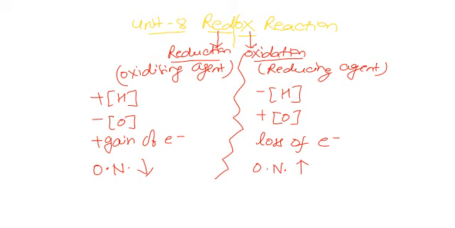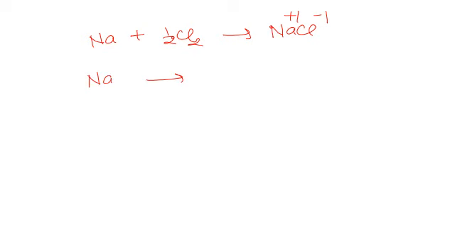We can see one example. If we take sodium plus chlorine, it gives NaCl. So which one is getting oxidized? Na converts into Na+ and Cl2 converts into Cl-. On the basis of loss and gain of electrons, we can divide the equation into two halves. Na gives Na+ by loss of an electron, which is oxidation, so it is the oxidation half.